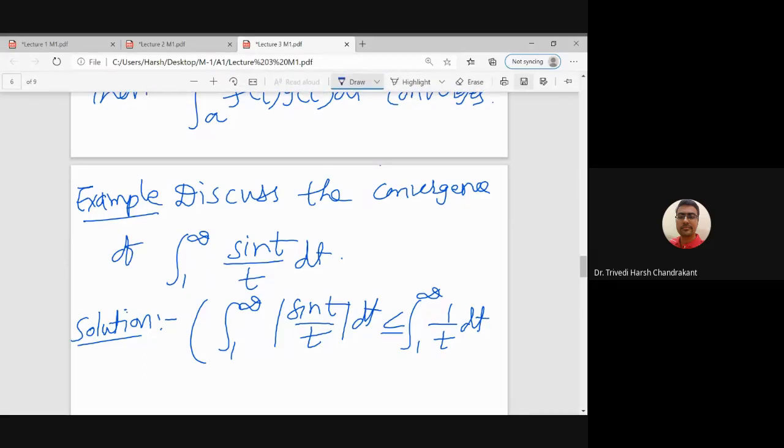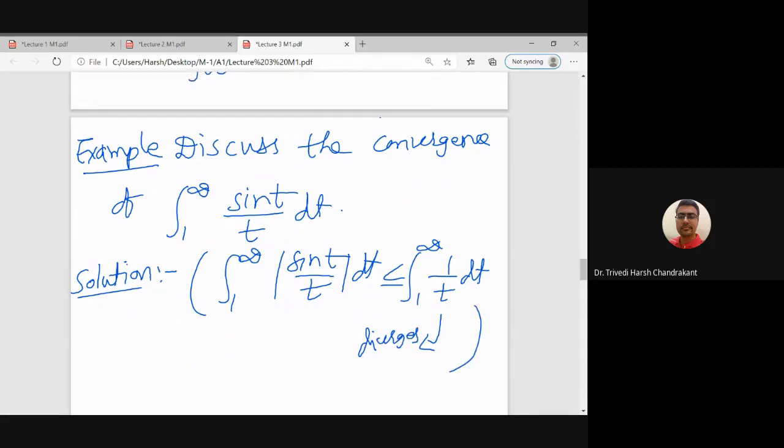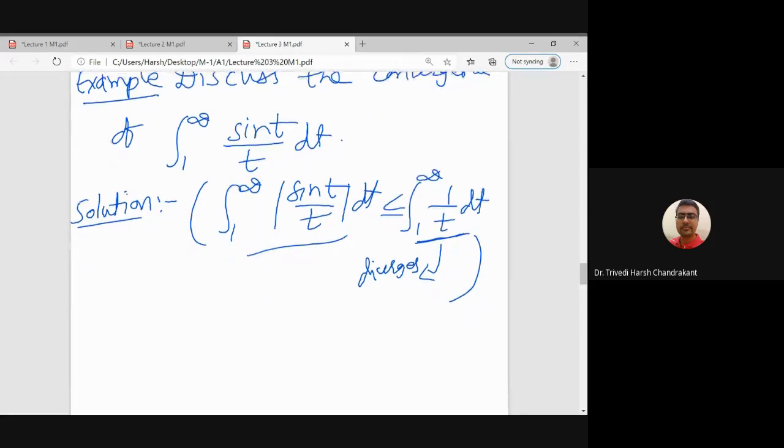And then we know that this integral of 1 divided by t diverges. So since it diverges, we cannot apply the comparison test, and we cannot conclude this is absolutely convergent. If it were convergent, then we could apply that. So none of the tests so far is working on this example.